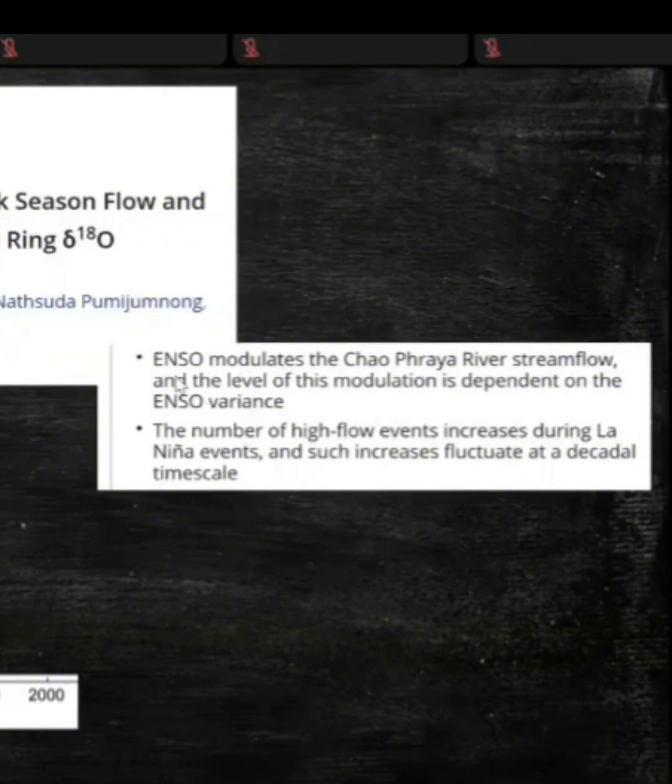And the result, number one, they acknowledge that El Nino and ENSO do modulate the Chao Phraya River streamflow. But the level of this modulation is dependent on ENSO variance.